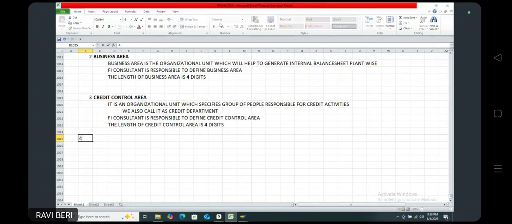Next, fourth one, controlling area. Fourth one is controlling area.